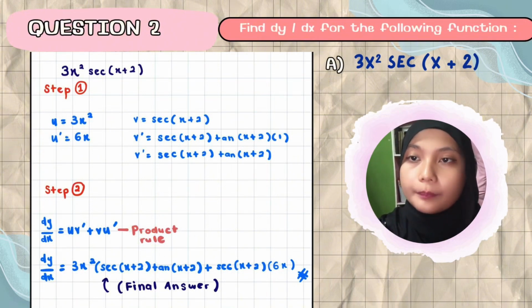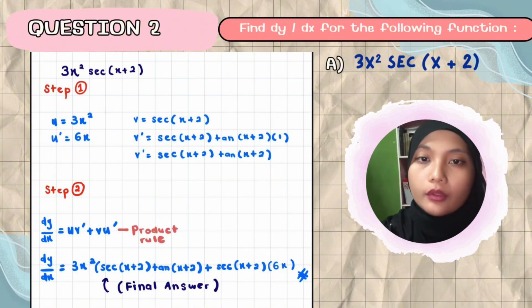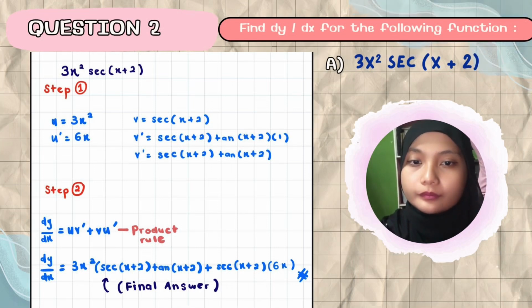So it will be 3x^2 sec(x + 2) tan(x + 2) plus 6x sec(x + 2). So the final answer will be 3x^2 sec(x + 2) tan(x + 2) plus 6x sec(x + 2). So that would be the final answer for this question.